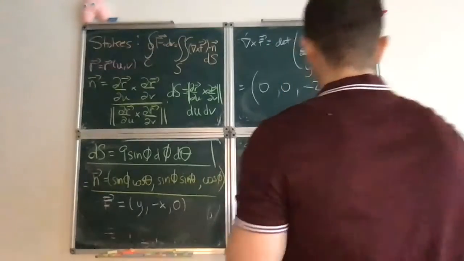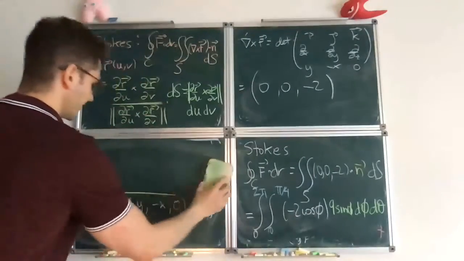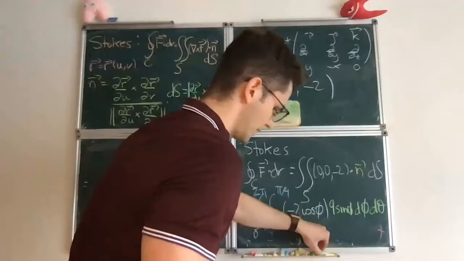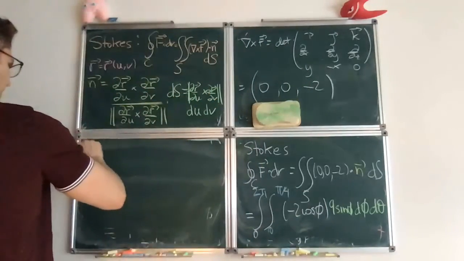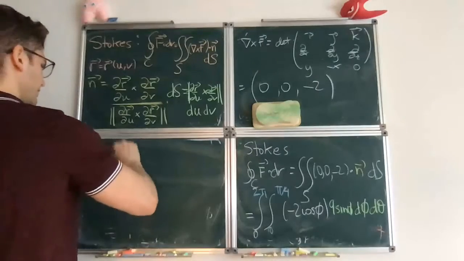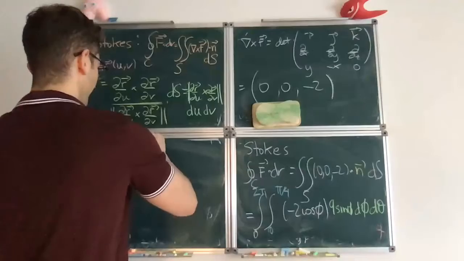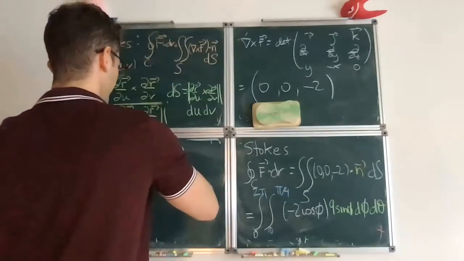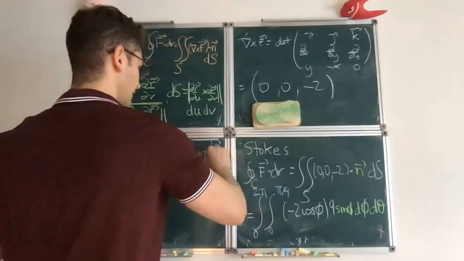Good, and now we're finally ready to compute this quantity, and it gives you negative 18 times the integral from 0 to 2 pi, the integral from 0 to pi over 4 of sine of phi cosine of phi d phi d theta.